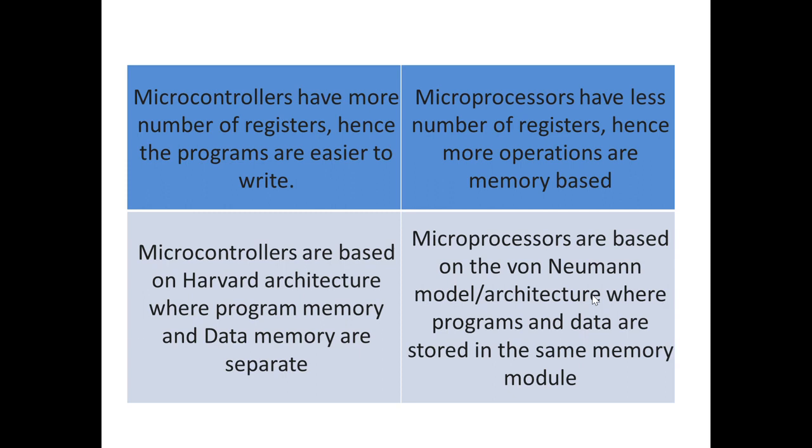In a microprocessor we have fewer registers, because we have a separate hard disk to store memory.